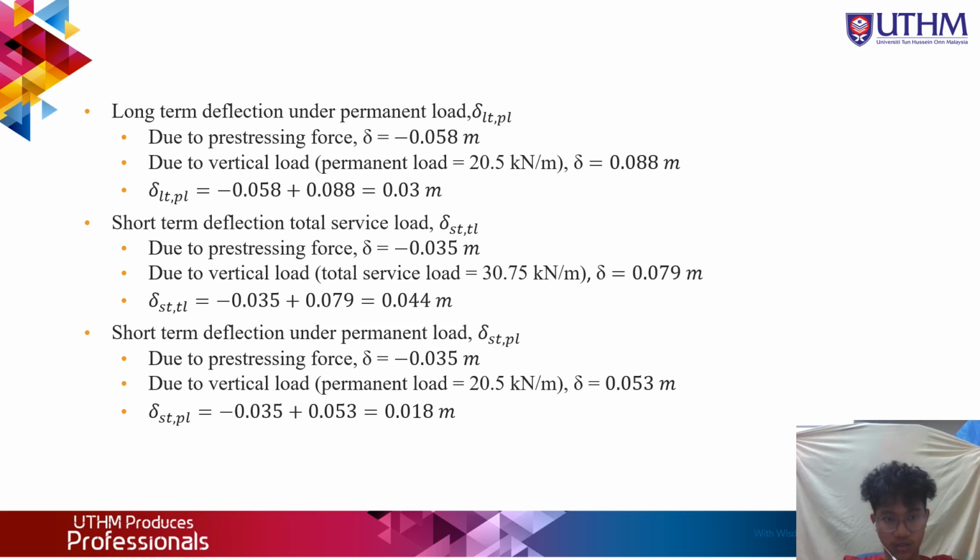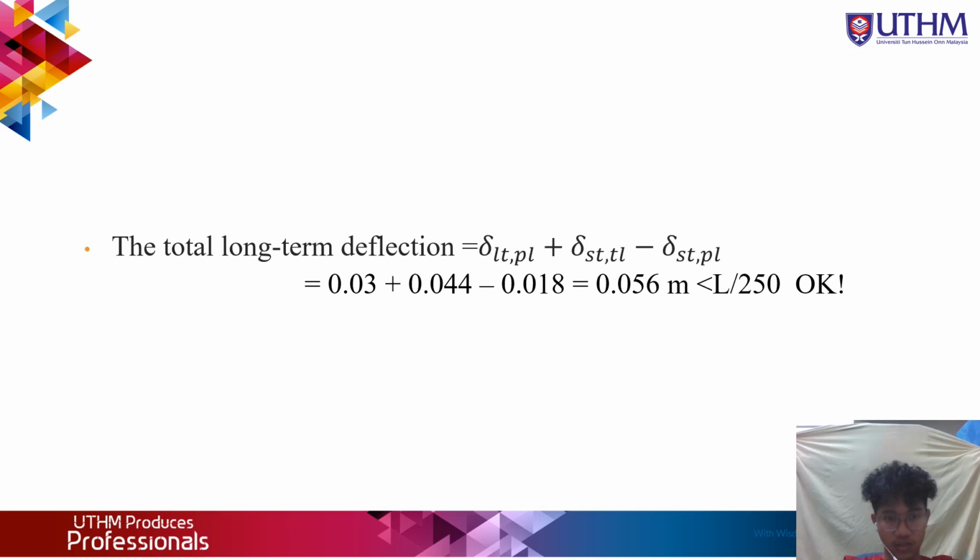The short-term deflection under total service load is 0.044 meter, and the short-term deflection under permanent load is 0.018 meter. After we got all this, we got the total long-term deflection, which is 0.056 meter, which is less than span over 250, which is okay. That's all from me. Thank you.